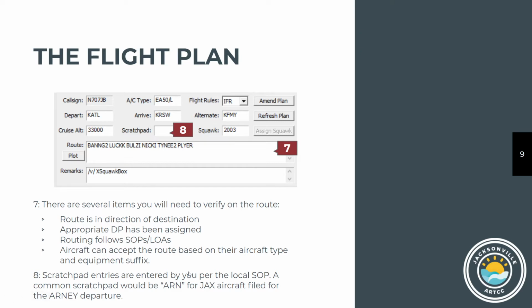And finally, in the scratch pad, what we do in Jacksonville is we put the first 3 letters of whatever the departure is. So if it's an ARNIE departure, you put ARN into the scratch pad here. Orlando will be using first 3 letter codes as soon as we switch over to the Metroplex departures and arrivals.